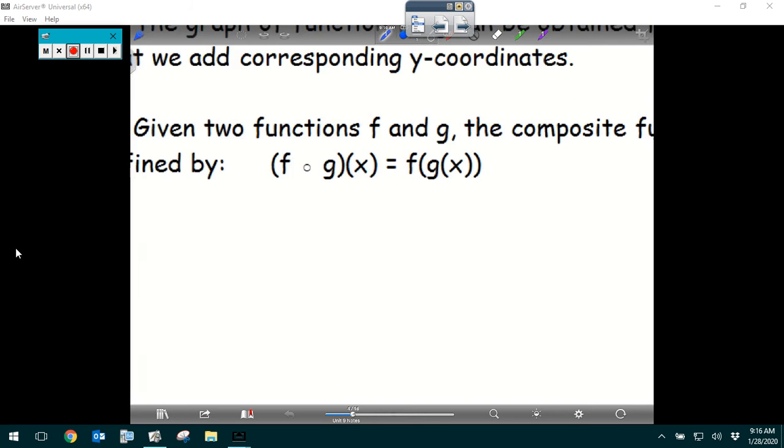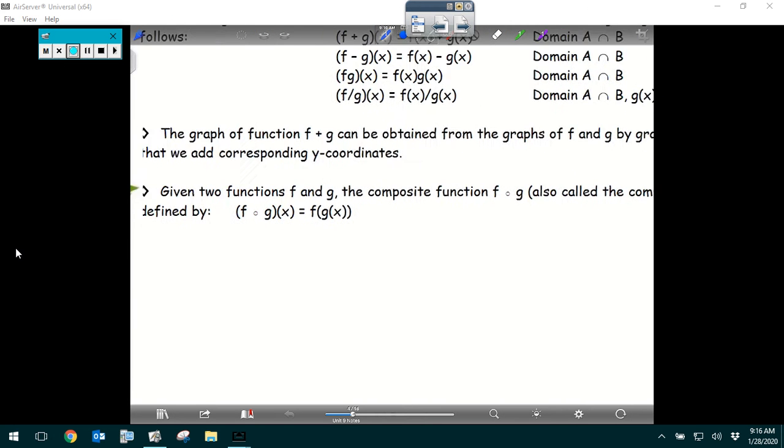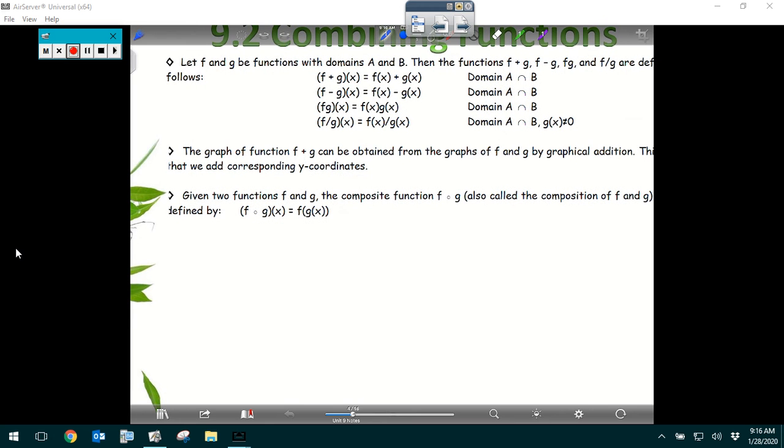All right, and the other thing that we're going to look at, it's certainly possible to add functions graphically. Basically, you have the graph of each function and you create the graph of the addition of them. What this is talking about, the graph of the addition or subtraction of two functions, or multiplication or division, really any of those operations. You can add them graphically.